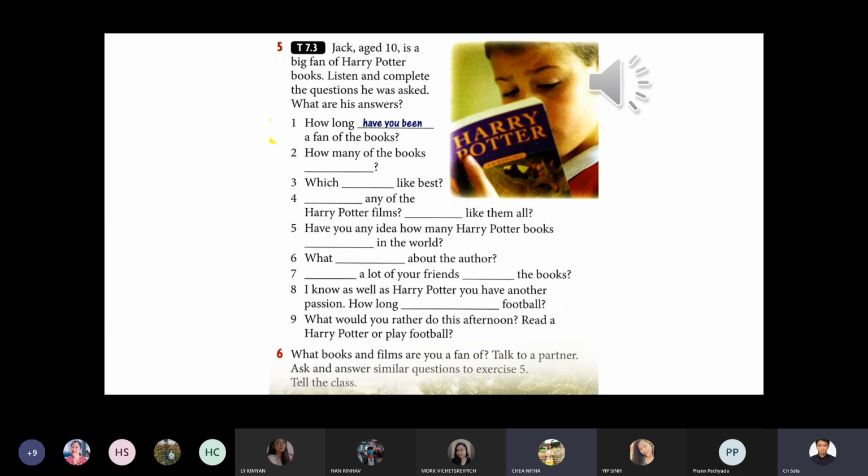Six, what about the author? Seven, a lot of your friends the book. Eight, I know as well as Harry Potter you have other passionate. How long football? Nine, what would you rather do this afternoon? Read a Harry Potter or play football?